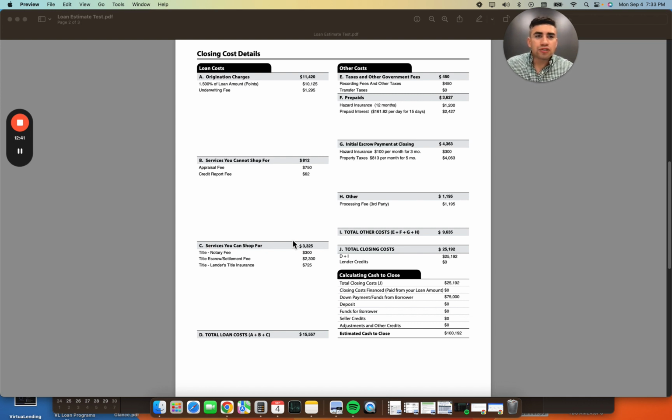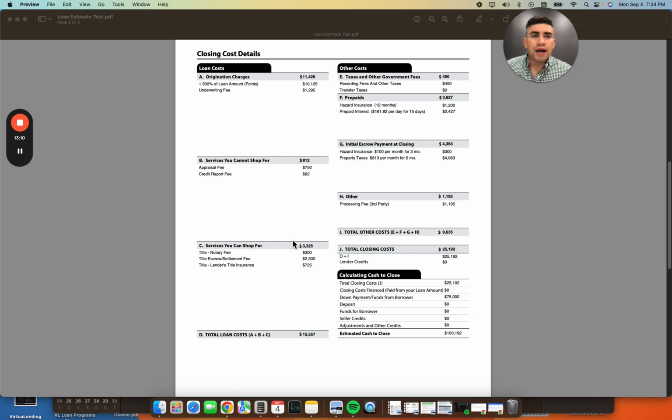So you, unfortunately, as the buyer, really don't have a say most of the time as to who you can use for this. But let's say, for instance, you get your offer accepted and you're looking at the closing costs and you see, hey, wait a minute, these title and escrow fees look a little bit expensive.